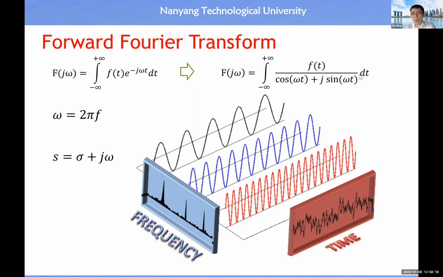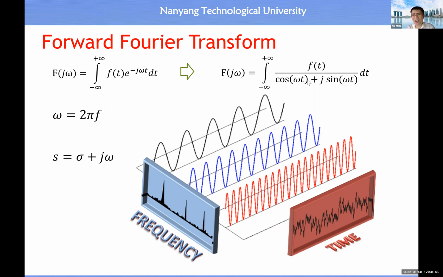We do the integration over time, then for every possible frequency we calculate this. This value will give a peak response if this frequency is contained inside the FT. That means if the signal contains this frequency here, this frequency here, this frequency here, then this value will have a peak response.